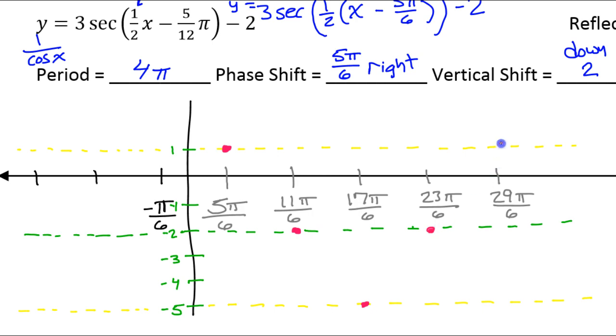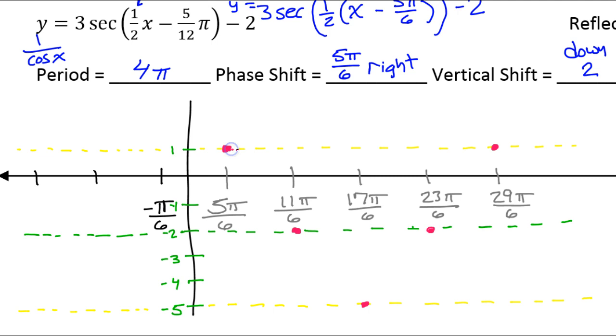And for the final mark, it should be at the high mark, the amplitude above the midline. So this is my lovely cosine function. Now I'm not going to draw in a dark cosine function.